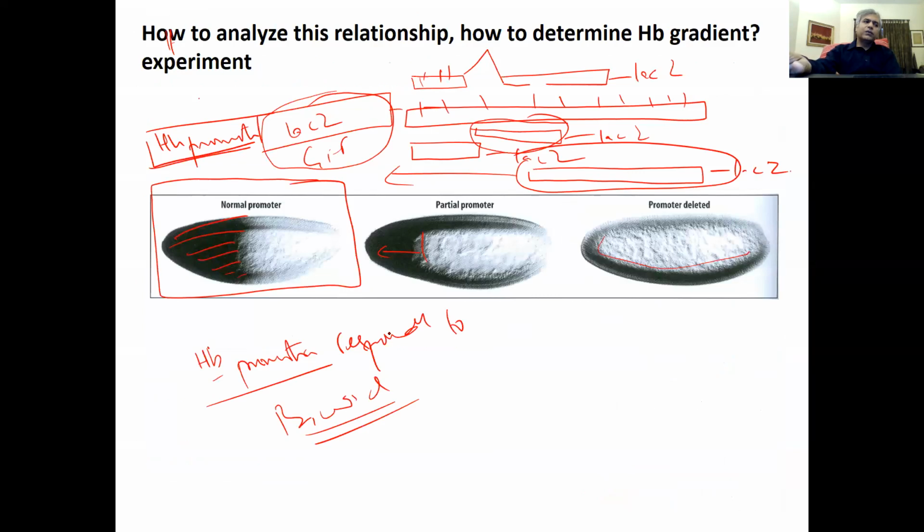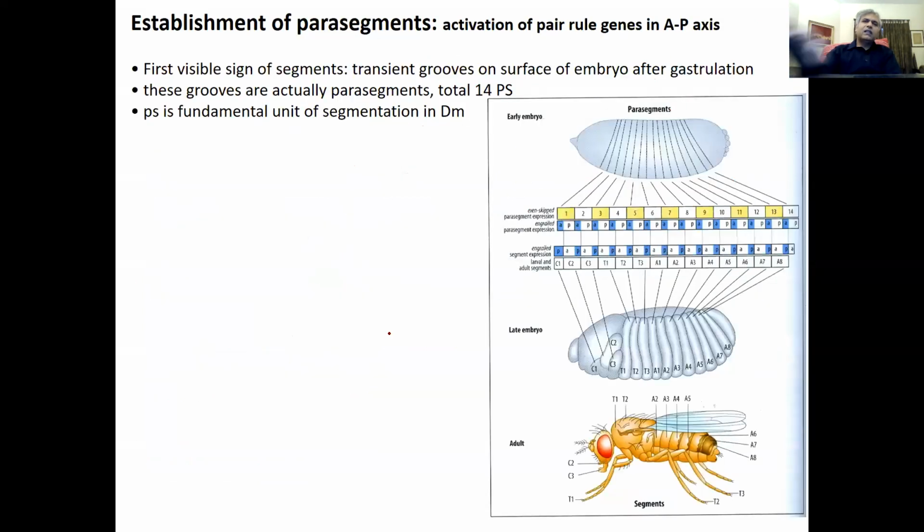After gap genes come the pair rule genes, and they are expressed in very specific parasegments in the early embryonic regions of the fruit fly. But before we go there, we need to learn about the relationship between segments and parasegments, how you define a parasegment, and what the relationship between parasegments and segments is.